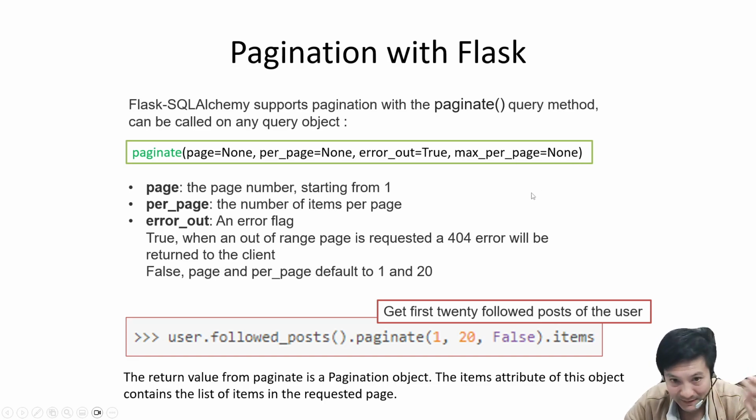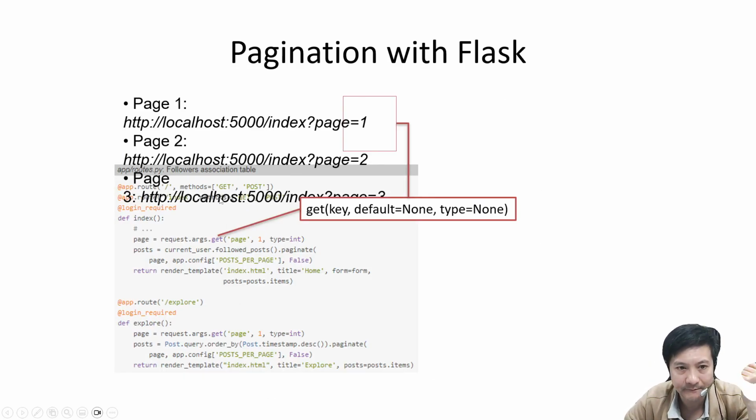This is the data part. For the display, you can see the output is page one, page two, page three. From the index page, you just get the page from the query and then put it into the paginator. You will be able to have the pager data.